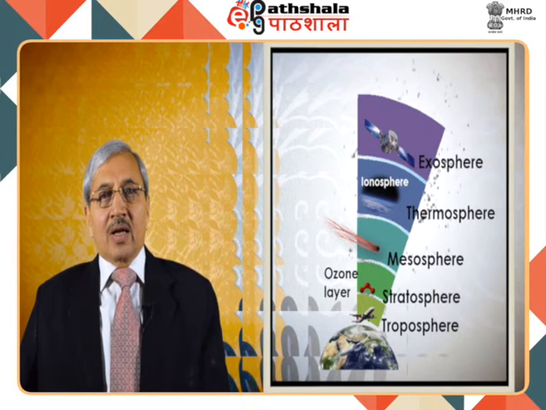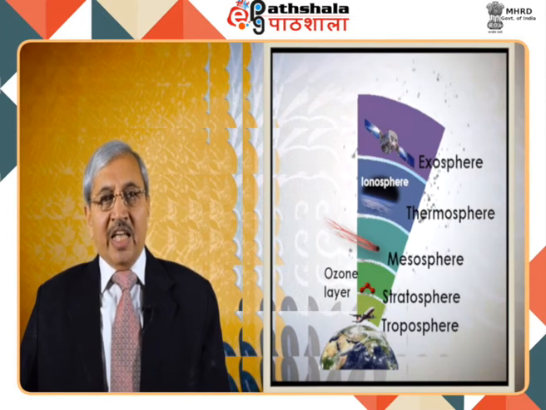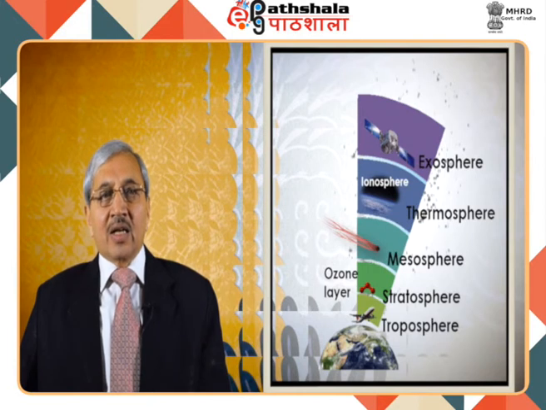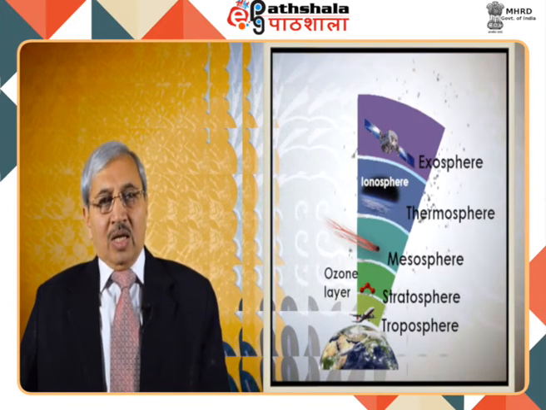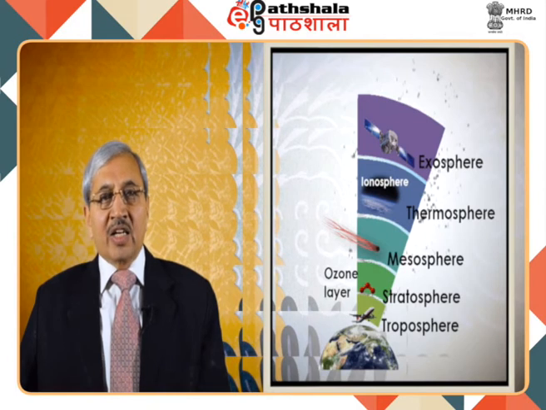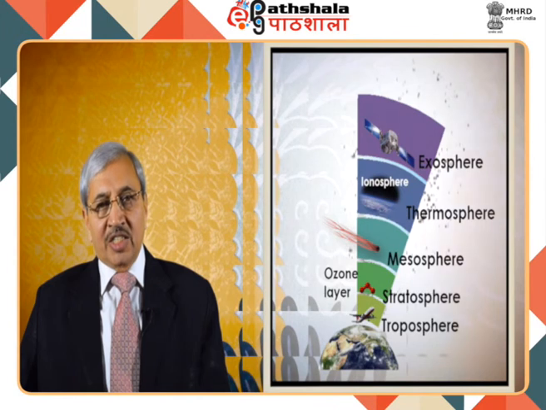Here, temperature decreases with altitude, and most of the weather phenomena take place in this layer. The second layer we have discussed is the stratosphere, in which temperature increases with altitude, and the well-known ozone layer is a part of this layer which protects the Earth from harmful ultraviolet radiations.